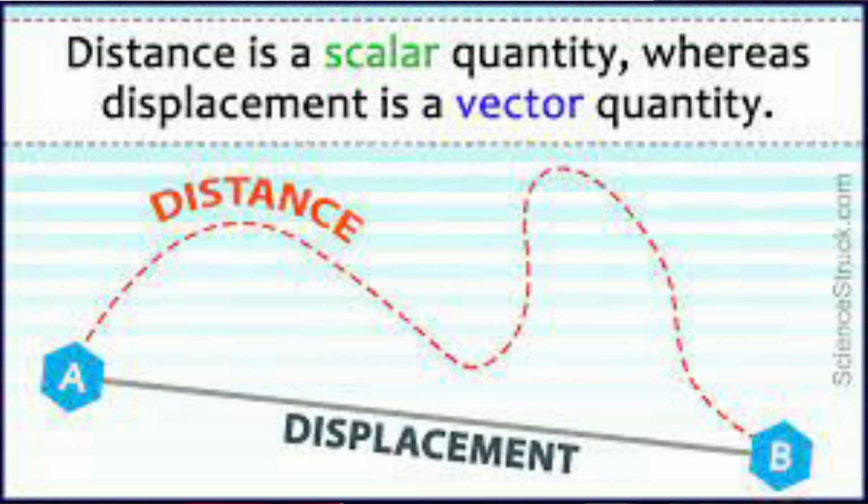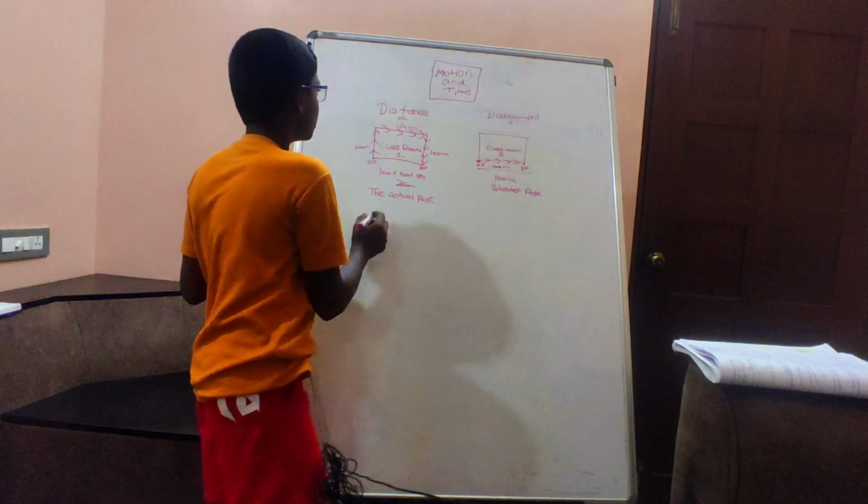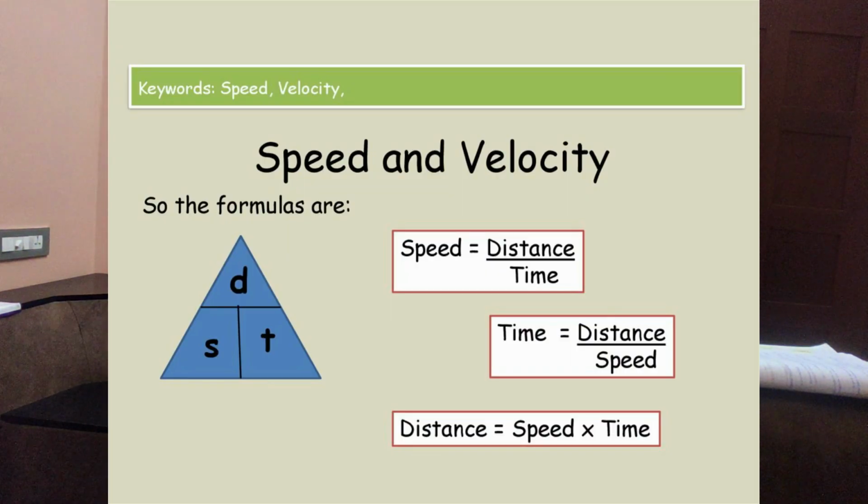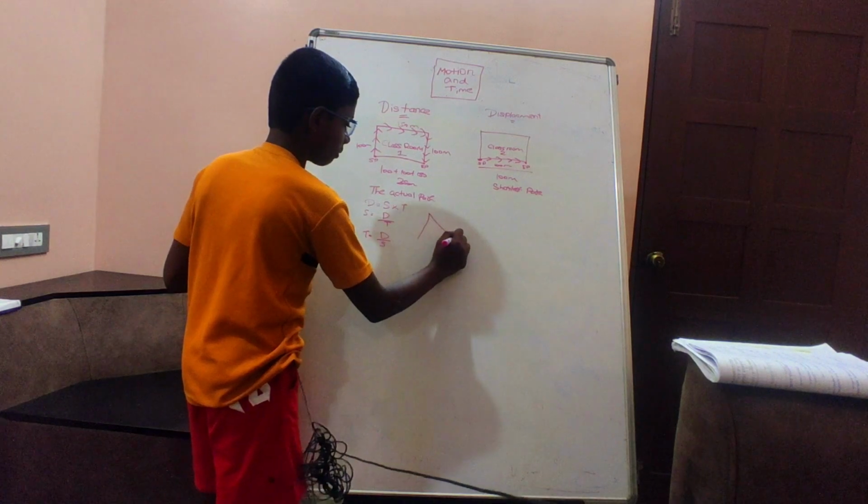Let's see some important formulas now. Distance is equal to speed into time. Speed is equal to distance by time, and time is equal to distance by speed. This can be seen with the help of a formula triangle.